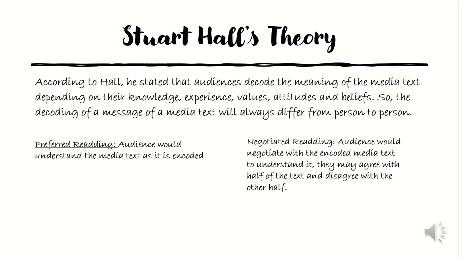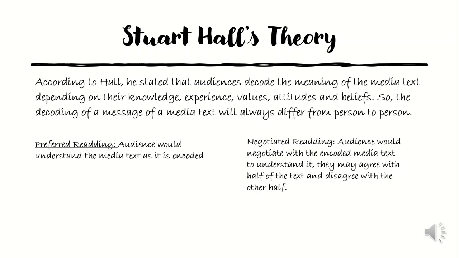Now, negotiated reading. Here the audience plays the role of a negotiator. They negotiate with the meaning of the content. They might understand the whole thing, but they might not agree with all of it. They might agree with the first half and disagree with the second part, or vice versa.